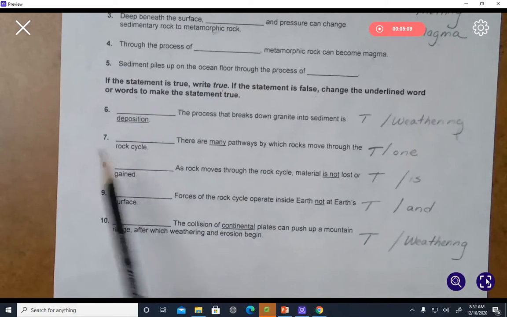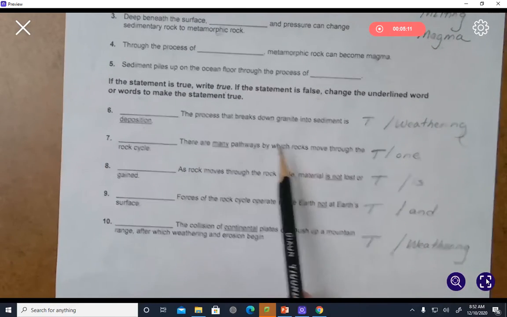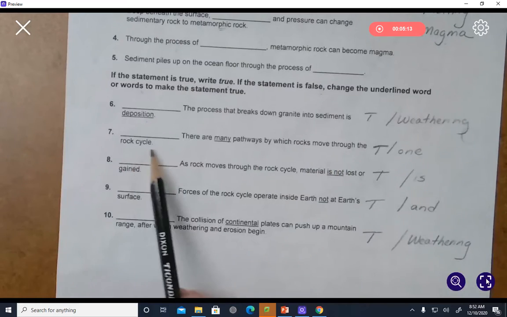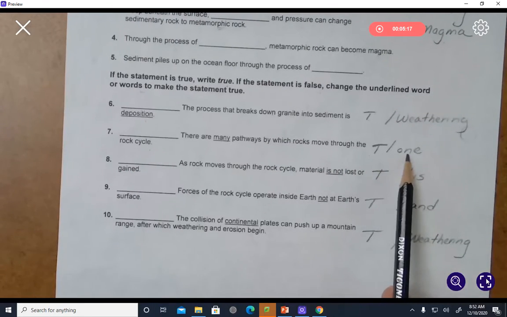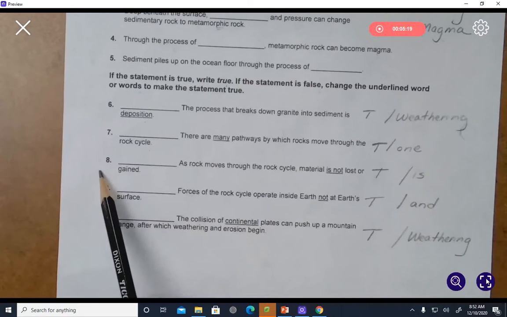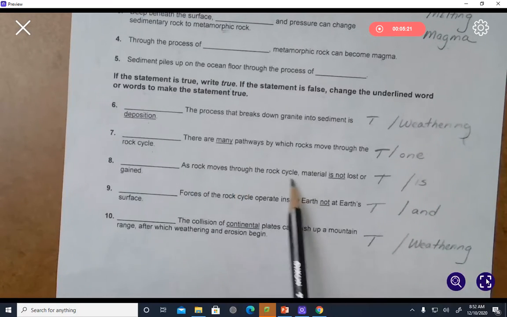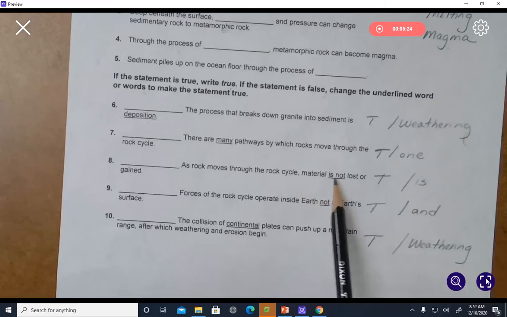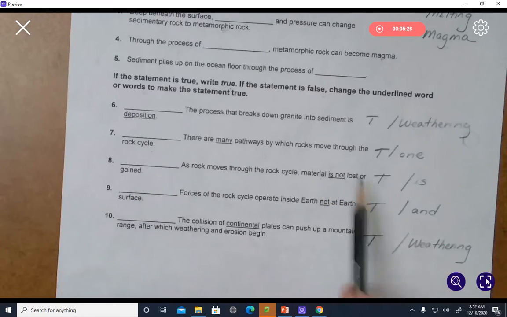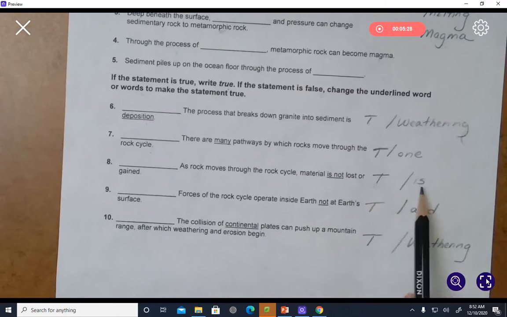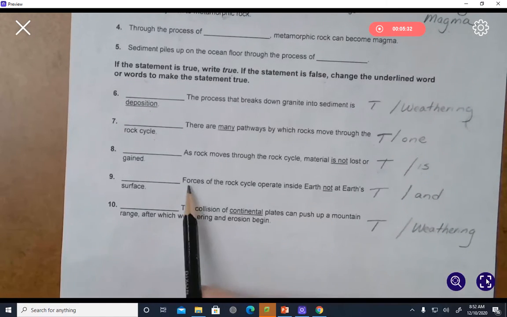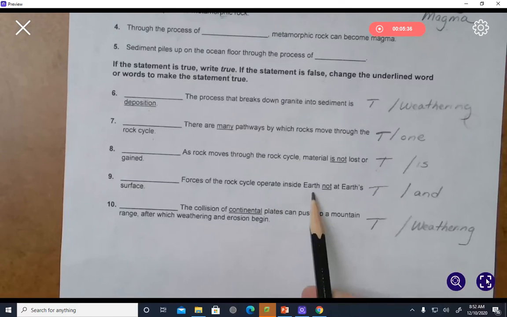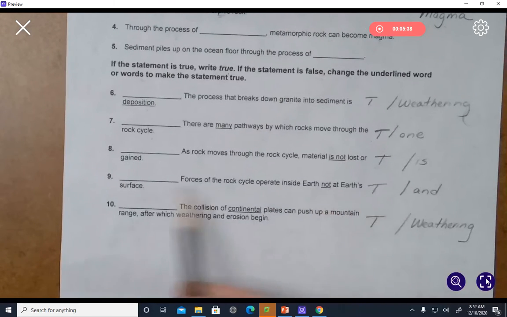Number 7, there are many pathways by which rocks move through the rock cycle. It's either true or 1. Number 8, as rock moves through the rock cycle, material is not lost or gained. It's either true or is lost or gained. Forces of the rock cycle operate inside Earth, not at Earth's surface.